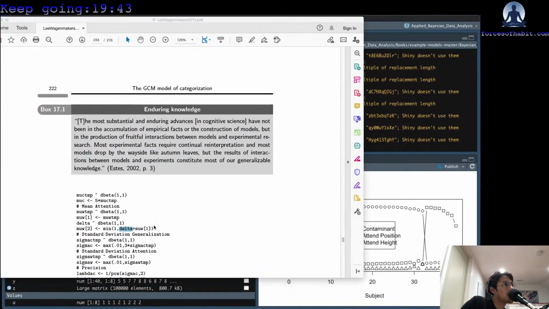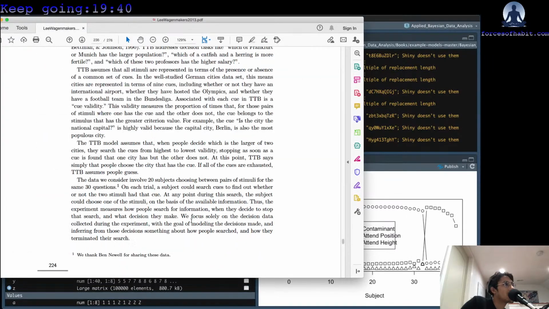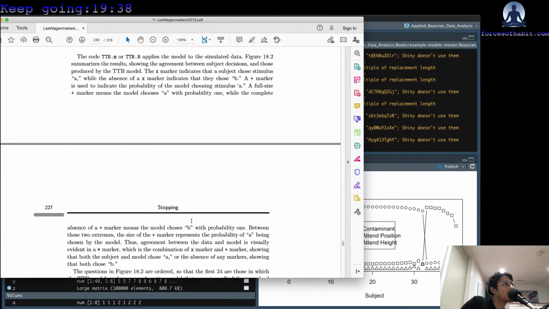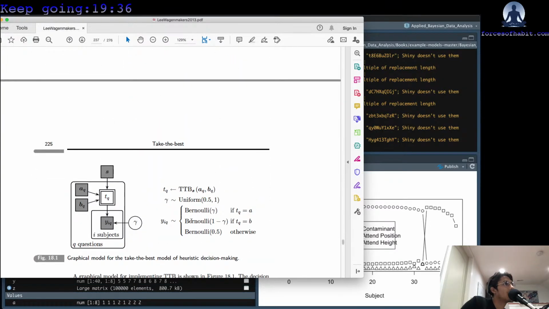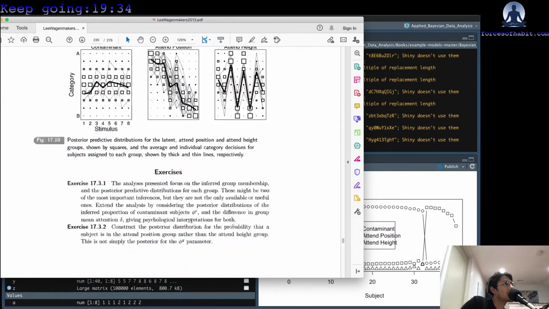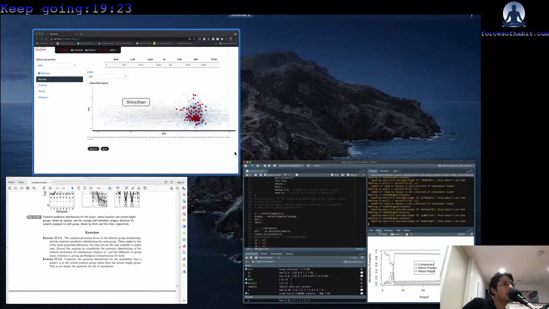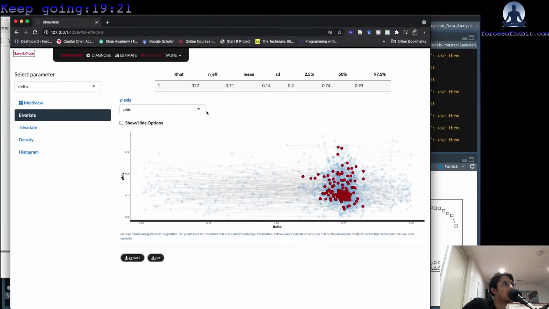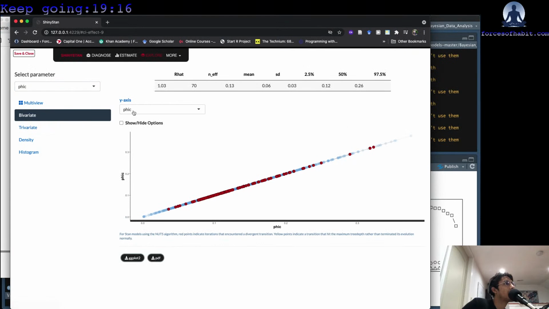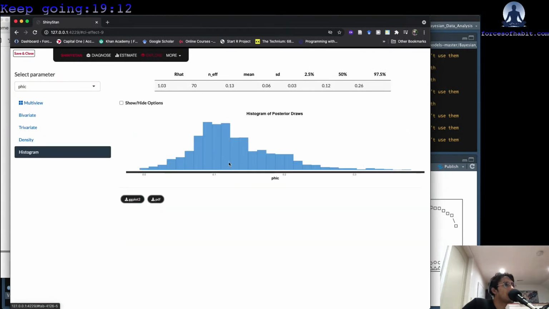And it looks like it's going to help us answer some of these questions about the posterior distribution of the inferred proportion of contaminant subjects. So how many contaminant subjects are there? The proportion of contaminant subjects represented by, if you see, let's look at the histogram.